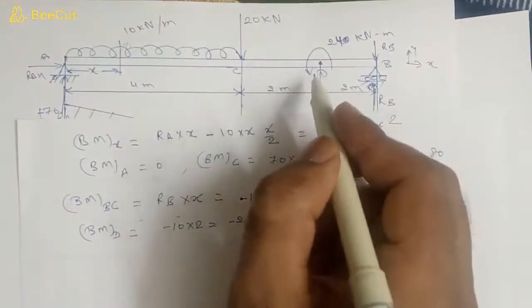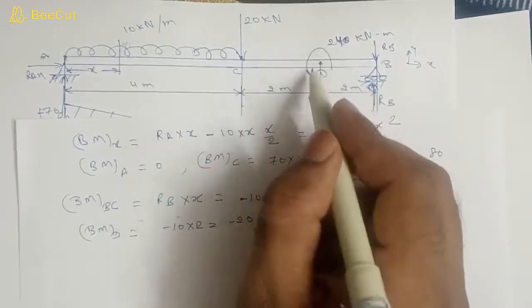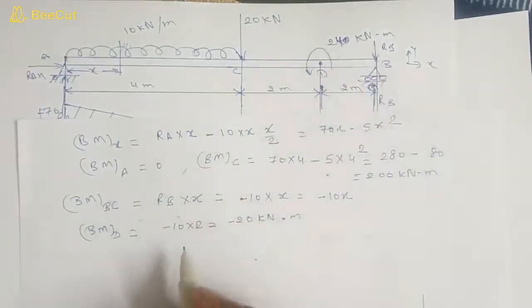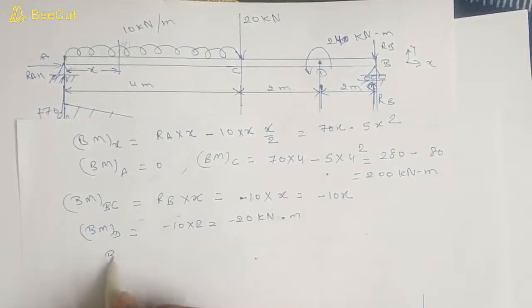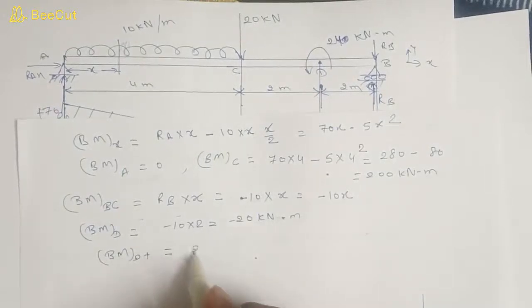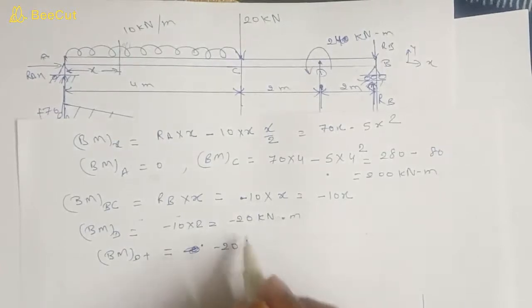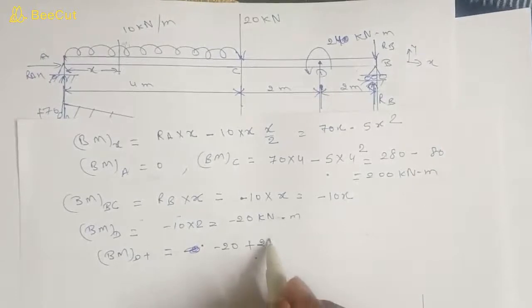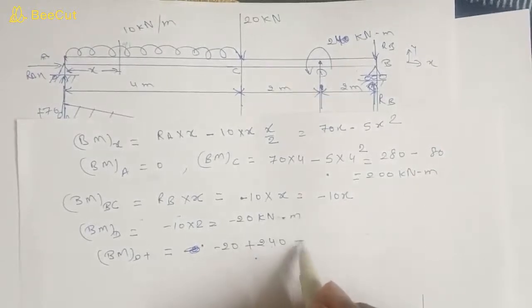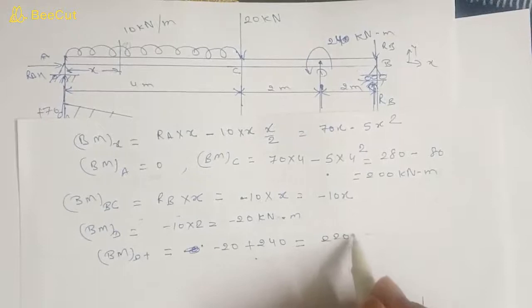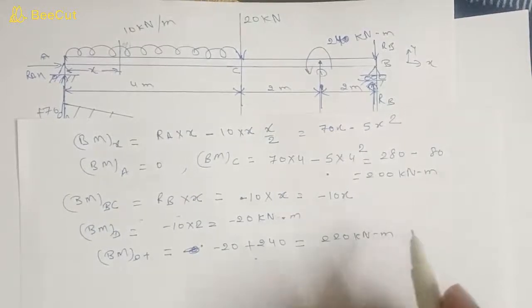Now bending moment after d, after applying this bending moment of 240 kilonewton meter, will be bending moment at d plus 240, so minus 20 plus 240, it will become 220 kilonewton meter.